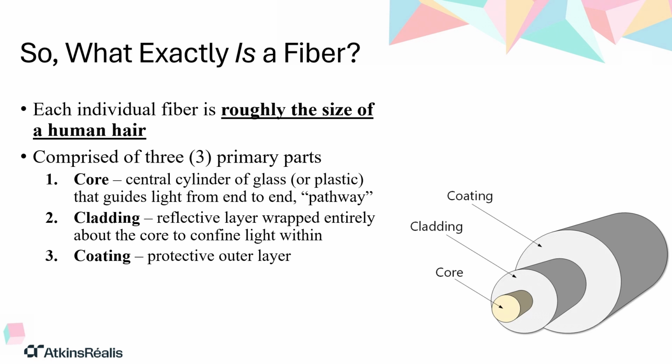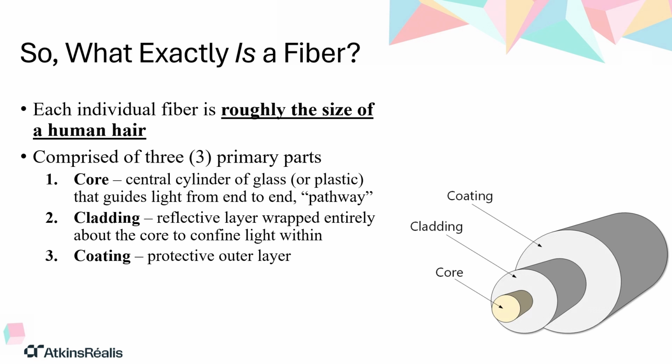Each fiber is comprised of 3 primary parts. You've got the core, the cladding, and the coating. The core is the central cylinder made primarily of glass or plastic that guides light from end to end. You can think of this as the pathway.